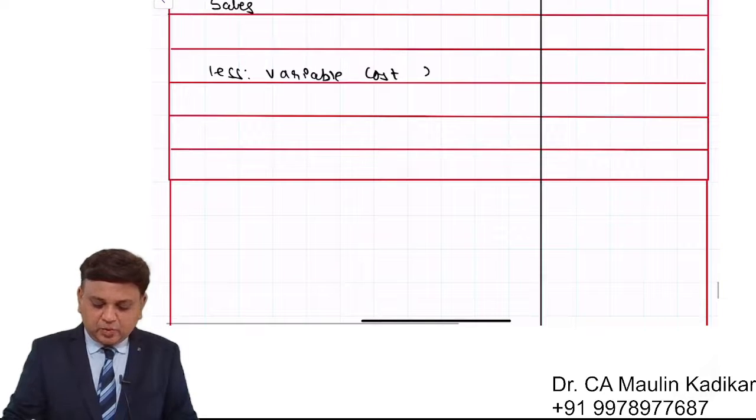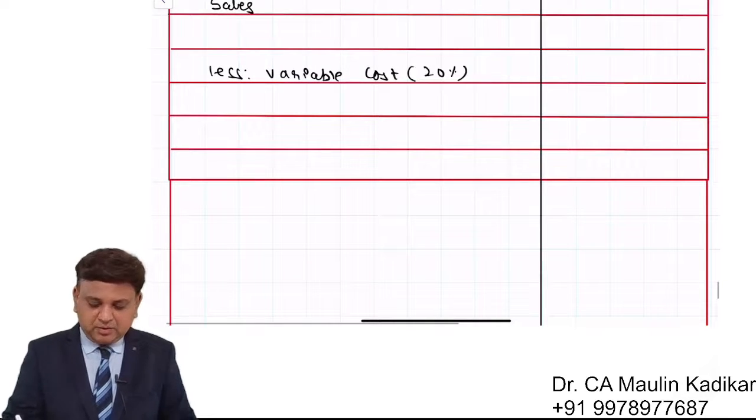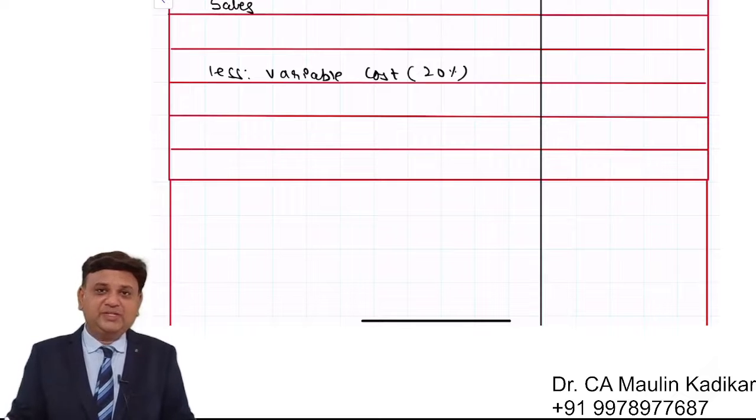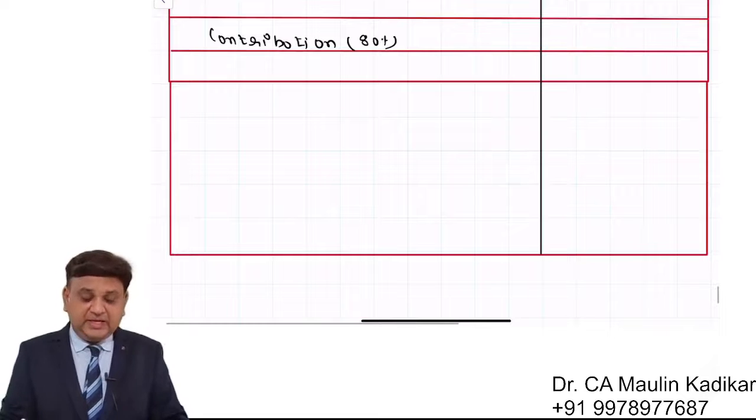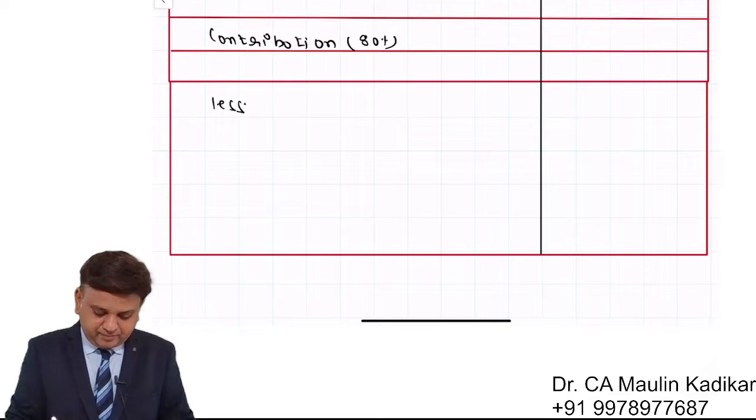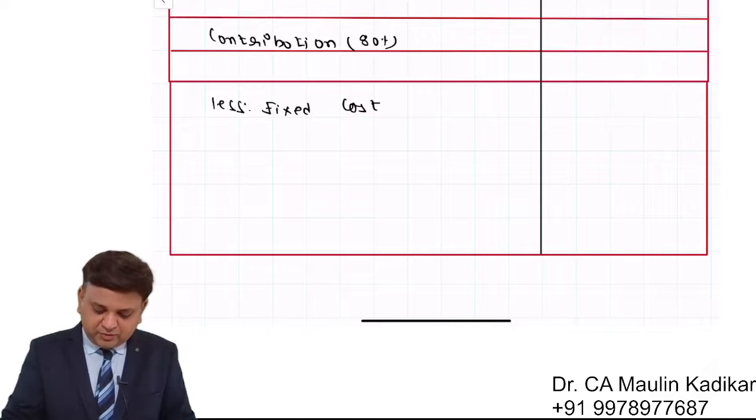That is 20% of the revenue, because we know that the contribution is 80% of the revenue. Contribution is 80%, less fixed cost. So the difference of both of them will be EBIT.